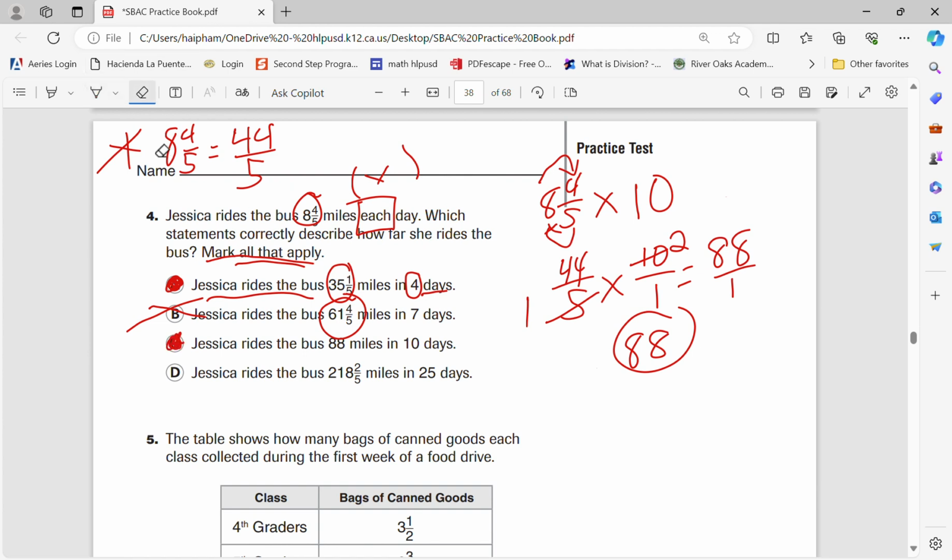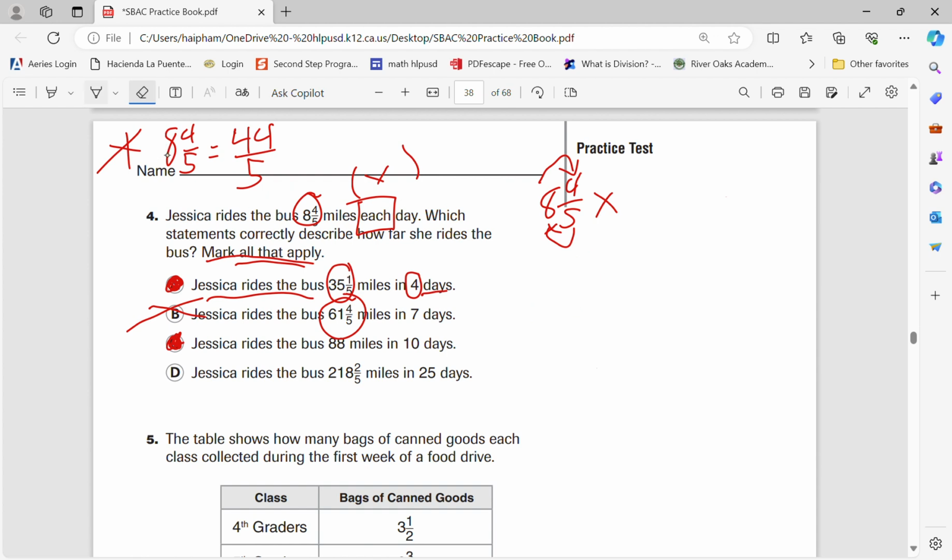Let's look at D. Once again, I'm just going to erase half of this and keep the first part of the problem, which is going to be 44 over 5 times, this time multiply it by 25. So it's going to be 44/5 times 25 over 1.